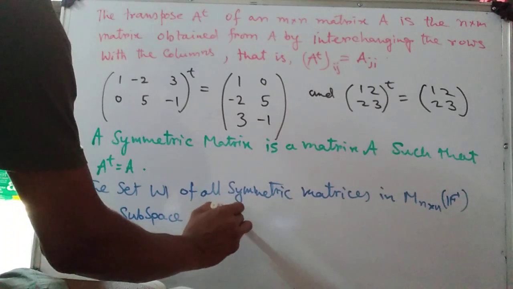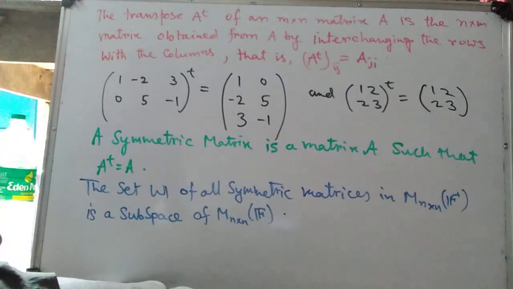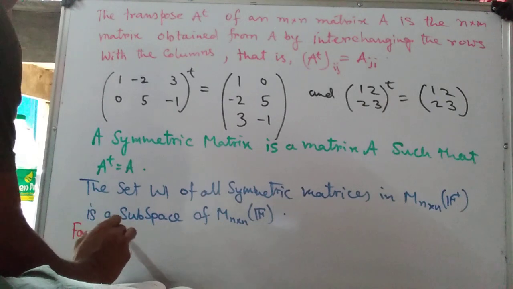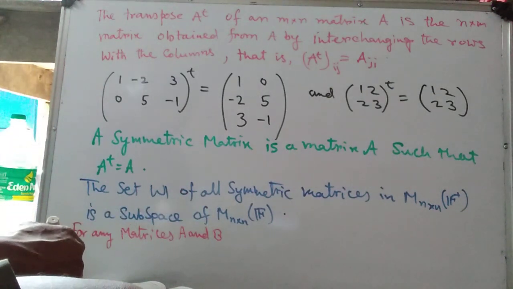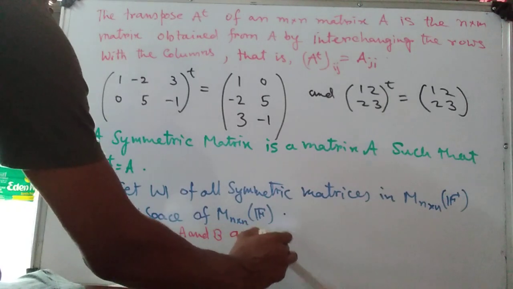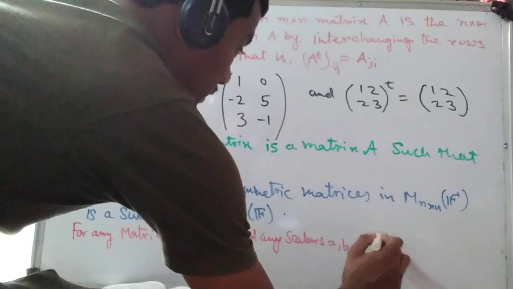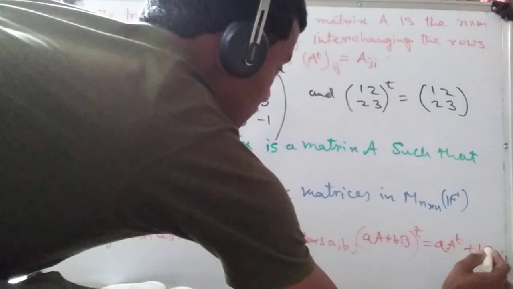For any matrices A and B and any scalars a and b, (aA plus bB) transpose equals aA transpose plus bB transpose.